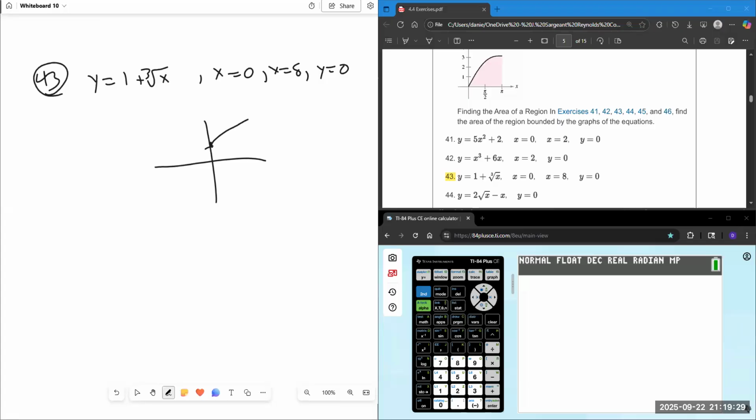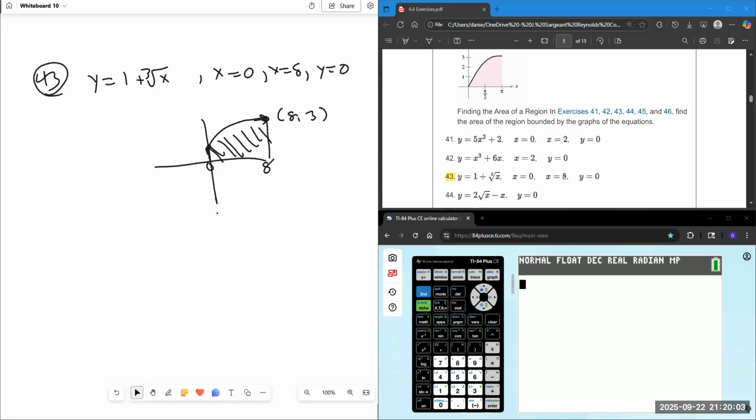Cube root goes kind of like this, and I'm really only interested in this side going this way, from 0 to 8. And if x is 8, that's 2, and 1 plus 2 is 3 there.